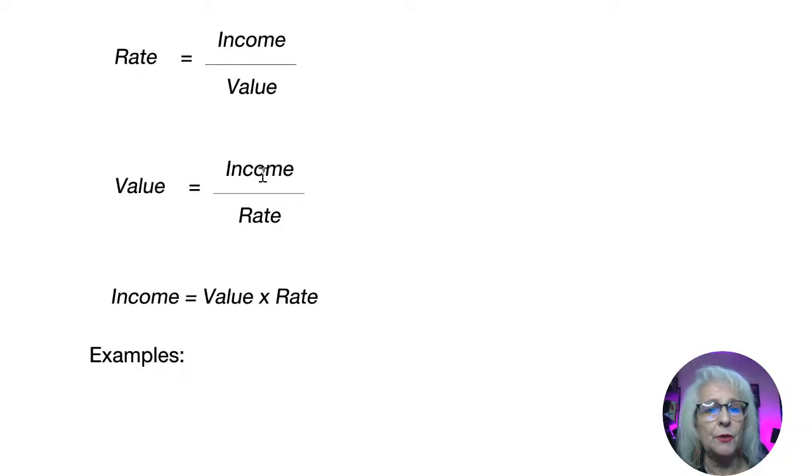And the third way to write this formula, solving for income, is income equals the current value times the rate. So it's the same formula written 3 different ways, solving for the 3 different factors in that equation.